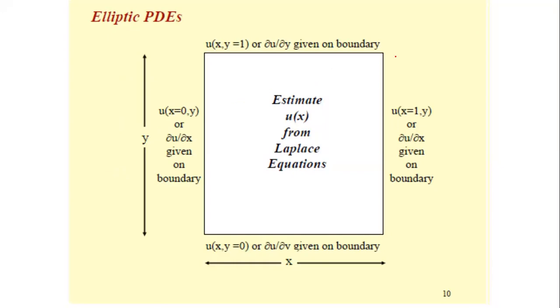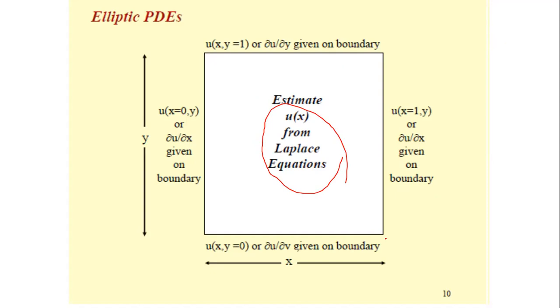Here u is a function of x and y, and we have charge density within this space as 0, and the electrostatic potential within this space is due to a certain charge distribution outside this space.